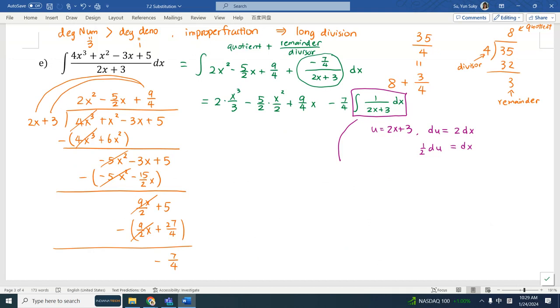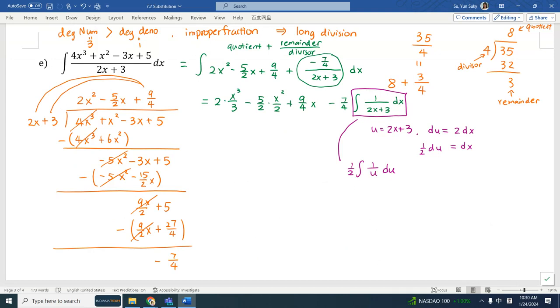So we have the integral. dx is 1/2 du. Where do you put the 1/2? In the front. Where do you put the du? At the end. And then inside, what's inside? Yes, 1 over u.